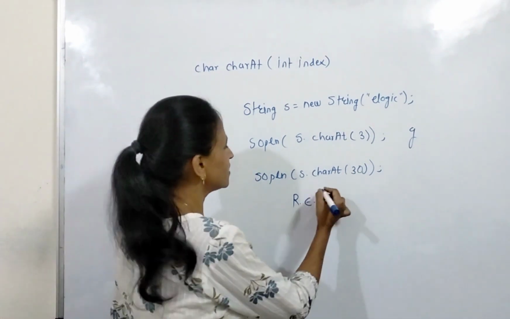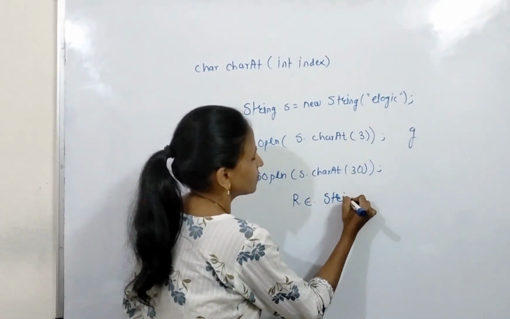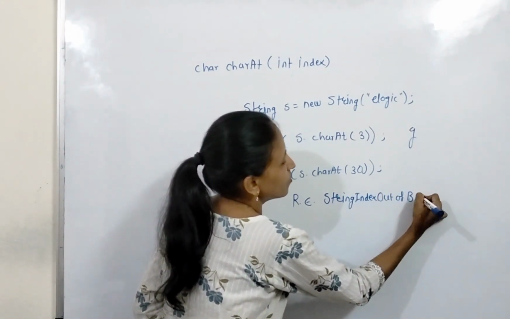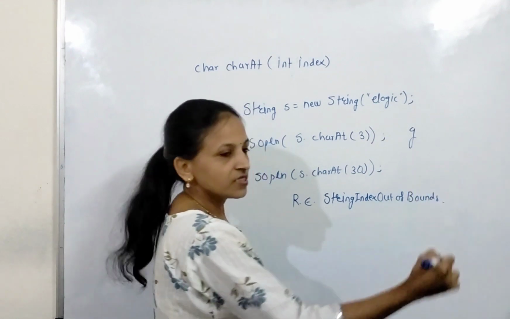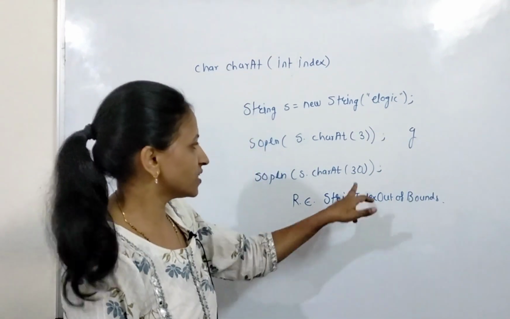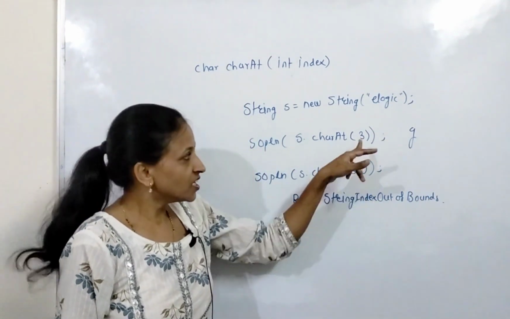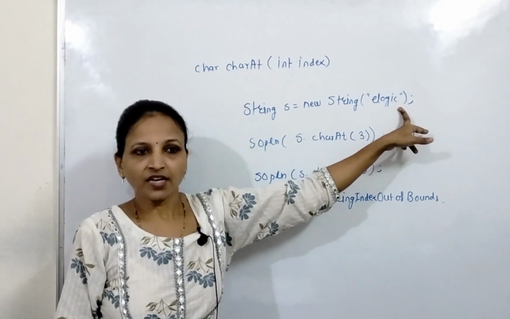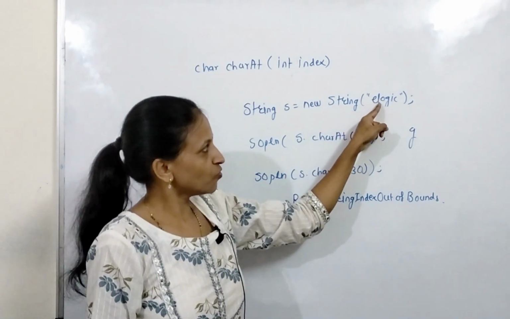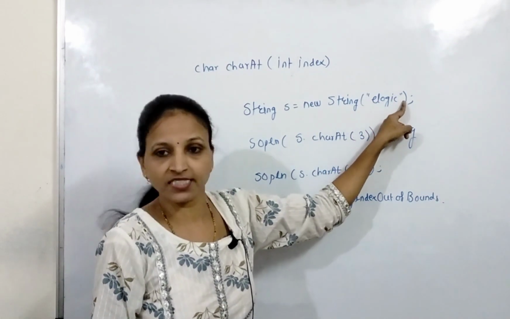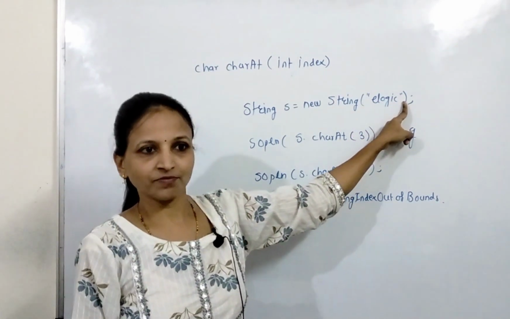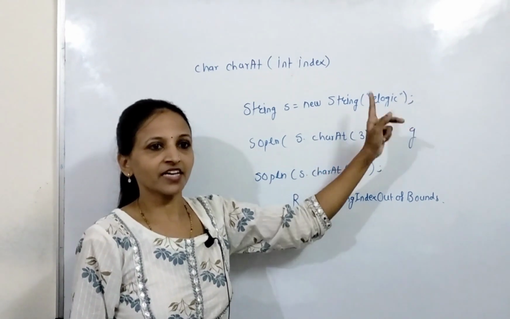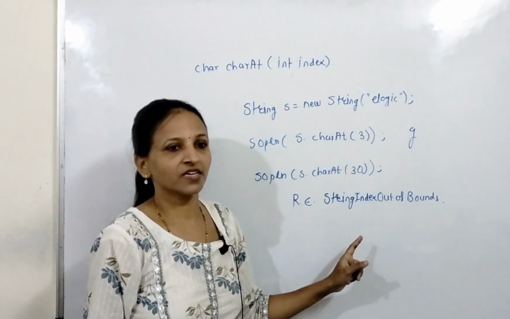Getting? String index out of bounds. This type of runtime error you will get if you pass a value greater than the size. Even if you pass suppose 0, 1, 2, 3, 4, 5, 6, then also you will get this error. Strict bound checking is in the case of strings as well as arrays.